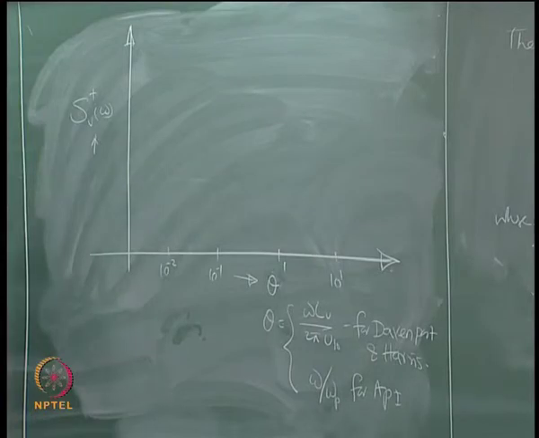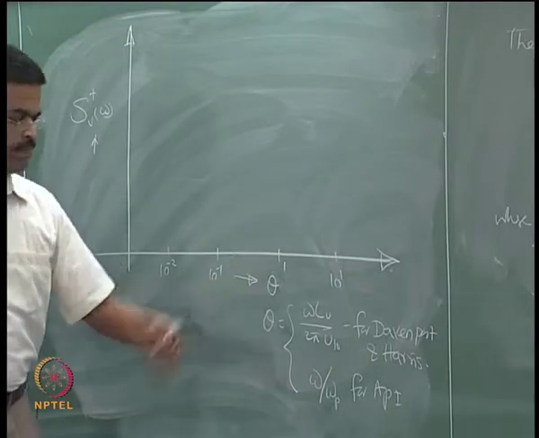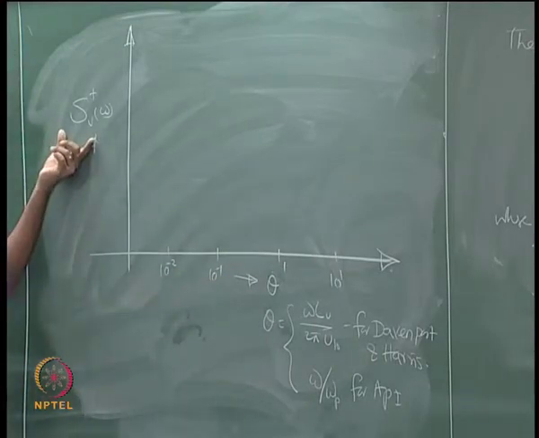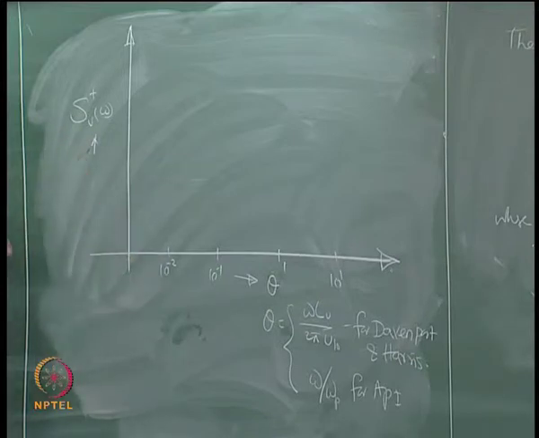So, I am trying to plot the variation of theta with the spectral ordinate for these 3 spectrums, for Davenport, Harris and API, for which we already have the equations.